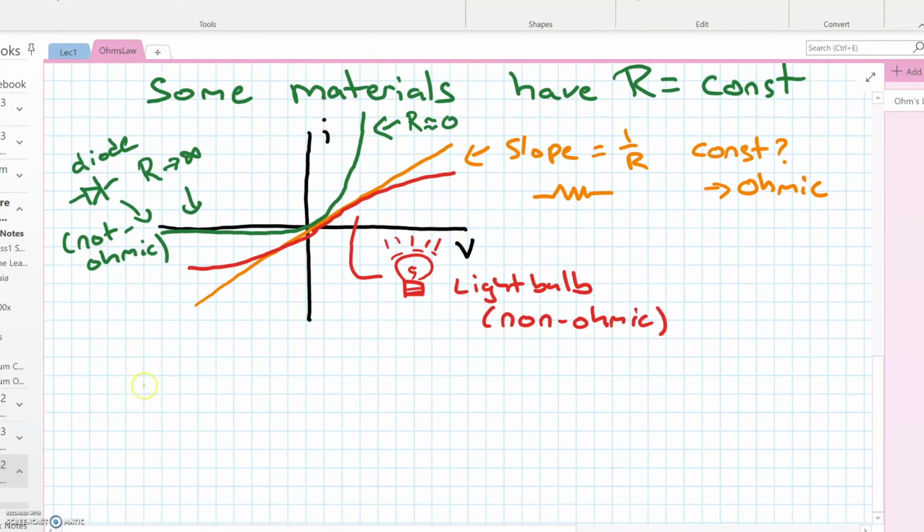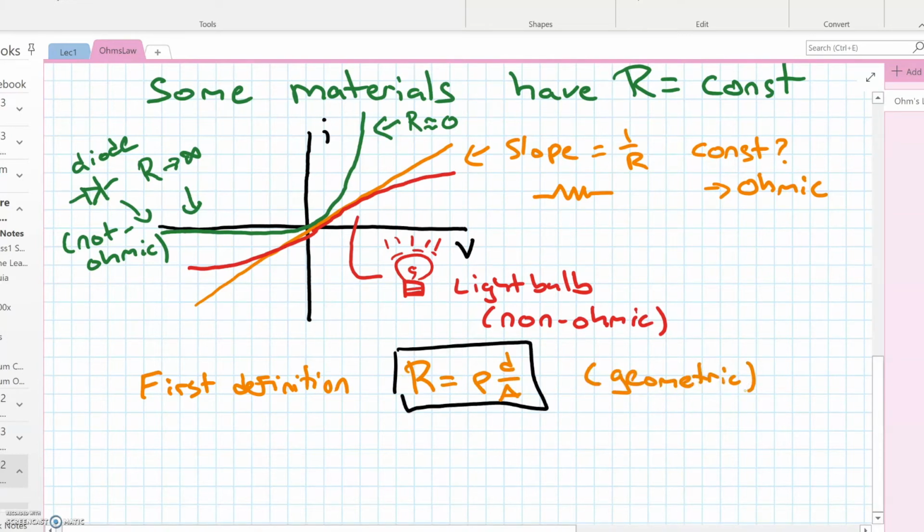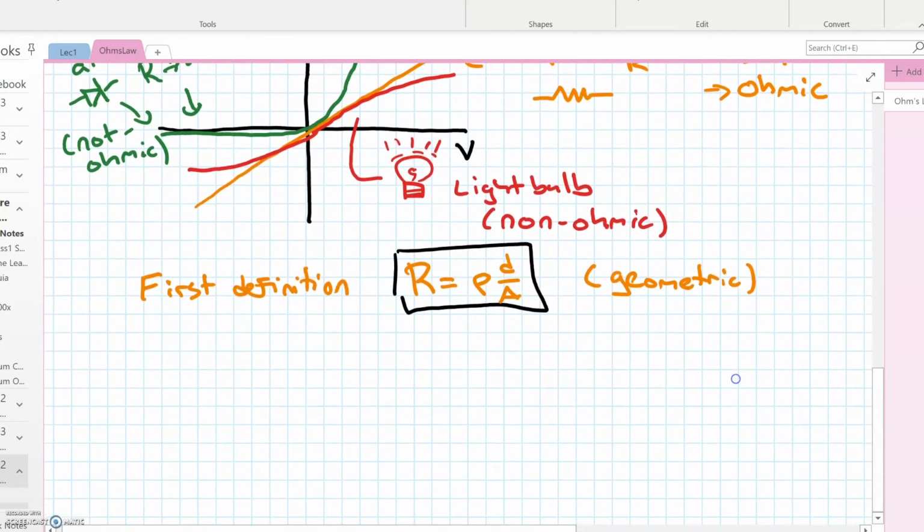So we have our first definition. Our first definition of a resistance for, in this case, a conductor or an insulator, a geometric definition of resistance, is what we had when we found this. It depends on the geometry of the substance and the material properties.